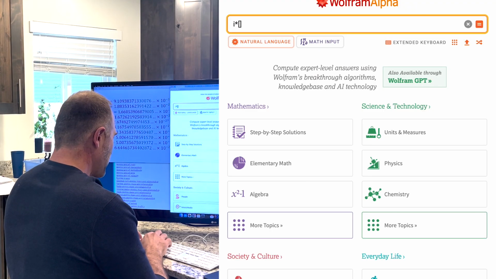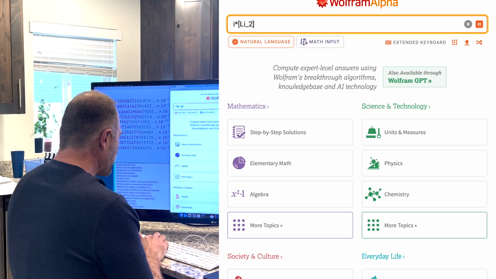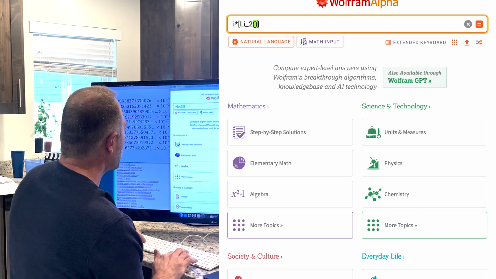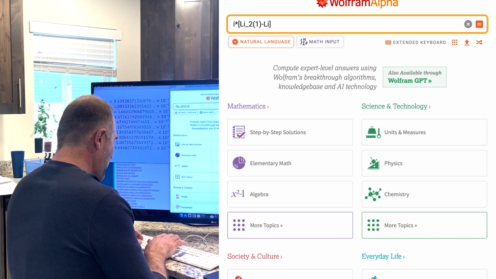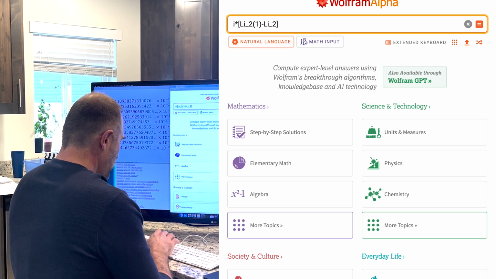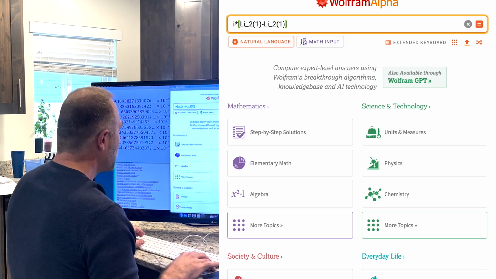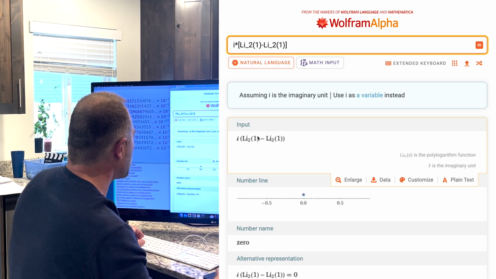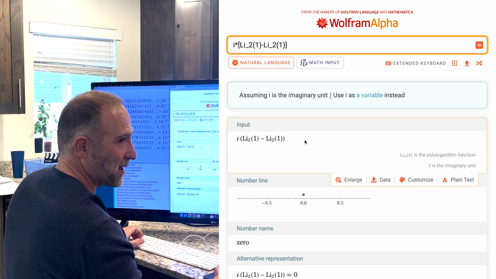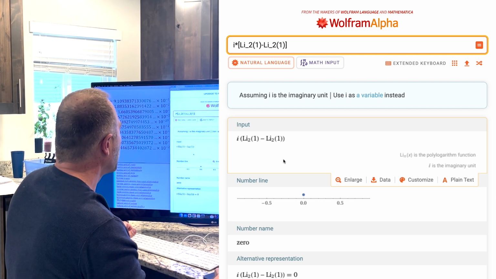There are many ways you can type in Wolfram Alpha. There are many natural ways. So here's a structure I'm writing. Let me put a 1 in for the argument to begin with, minus dilogarithm of 1. After you type the equation, it'll show you what it thinks you meant, right? Fantastic.